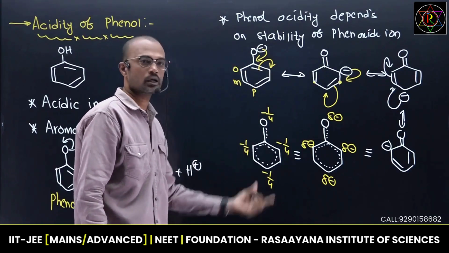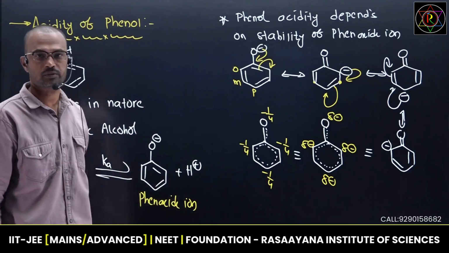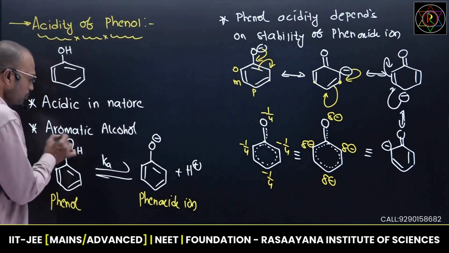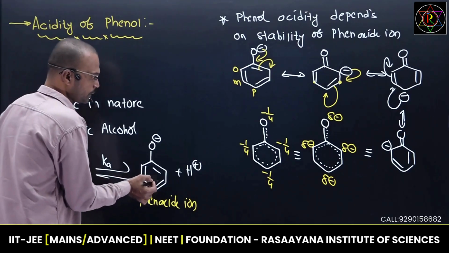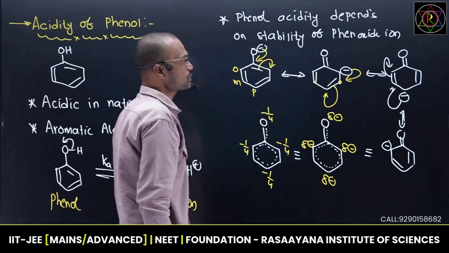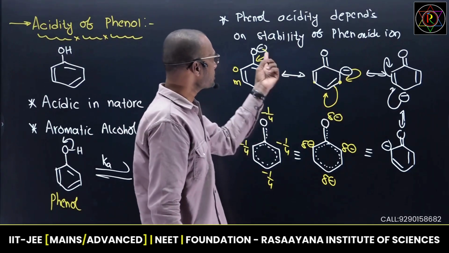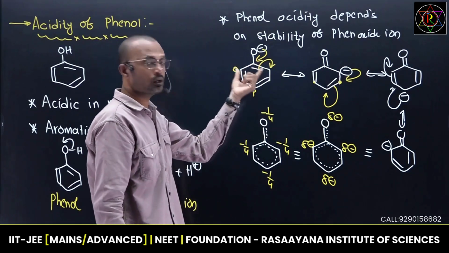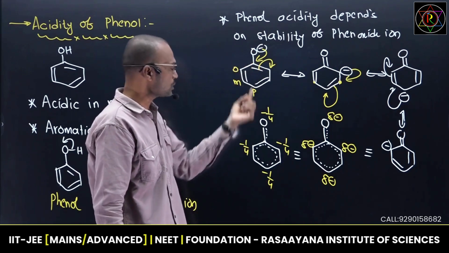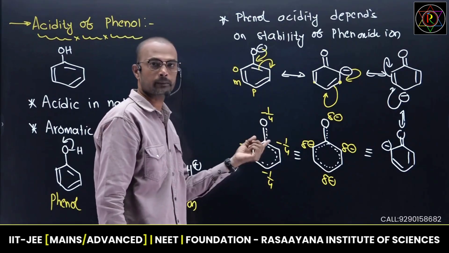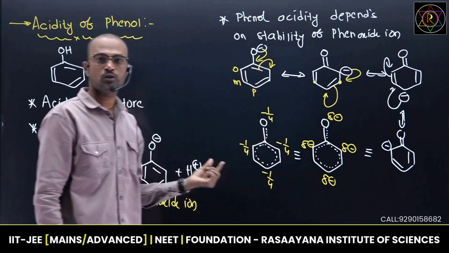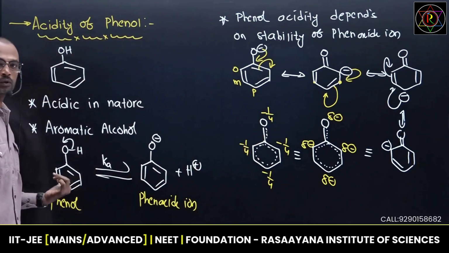So that's why phenoxide is more stable. The sharing partners increase. This phenoxide is stabilized by resonance. The excess electron density is shared by 3 carbons and 1 oxygen, 1/4 each. That's why phenoxide is more stable, and finally phenol is more acidic.